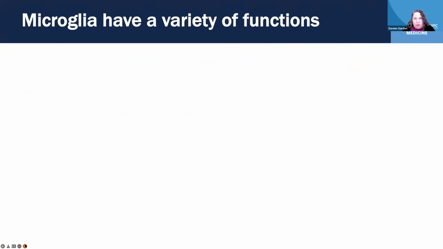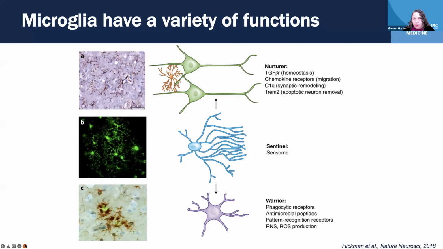Okay, so what can we do to try to better understand the role of these cells, these microglia, in the brain, in how they may interact with Alzheimer's disease? One of the first things that we have to think about is what are all the different functions that microglia are doing in the brain, and could we figure out which of those functions we might want to target?